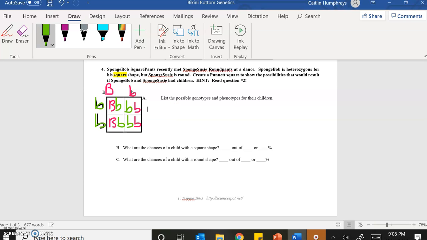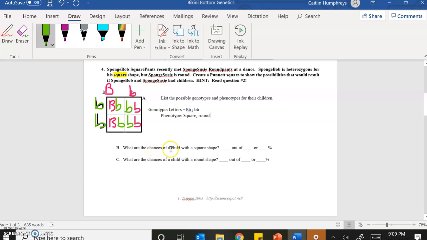Well, genotypes we know are letters. So I see that I have a big B, little b, and I have a little b. Well, I know phenotypes is physical. So a capital is dominant, so I know that's going to be square. And lowercase is recessive, so I know that's going to be round.